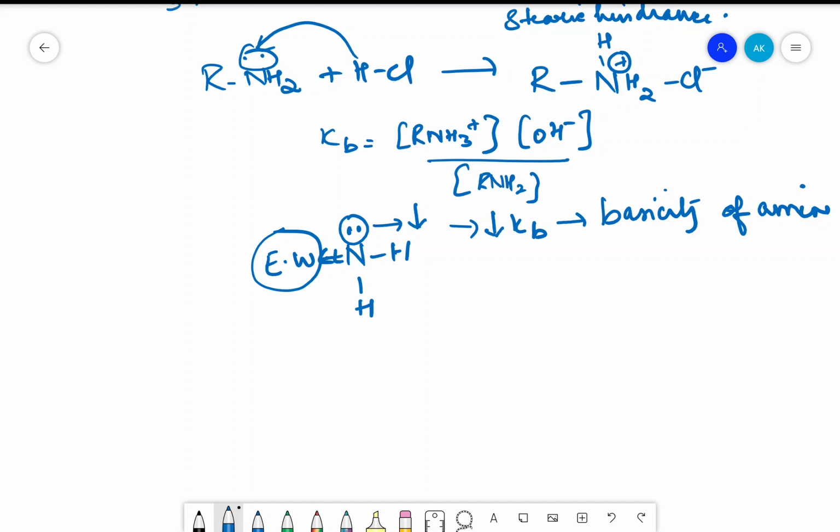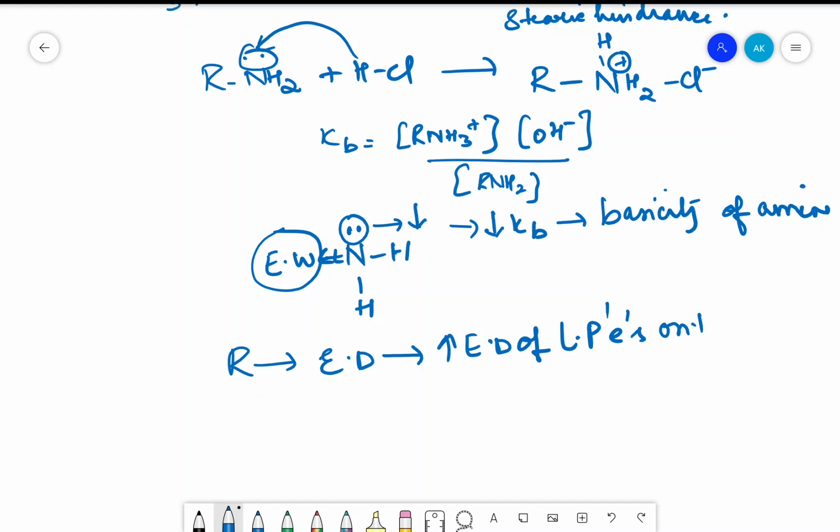You can take online sources or your textbook, they will have enough data with the values in it. But the only thing you have to represent well and accurately is that R groups are electron donating in nature. This leads to increase in the electron density of the lone pair of electrons on the nitrogen, and this leads to increase in the basicity.